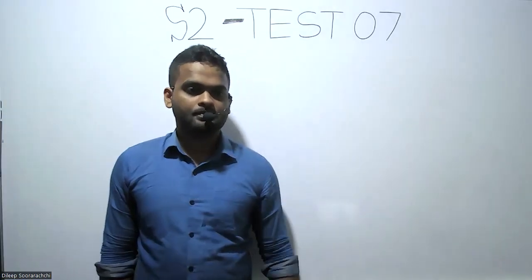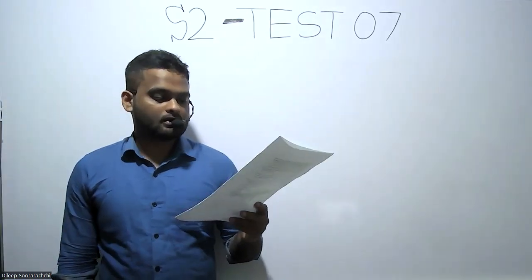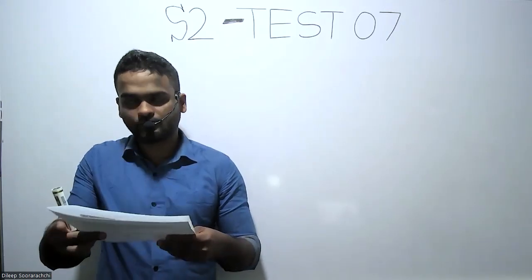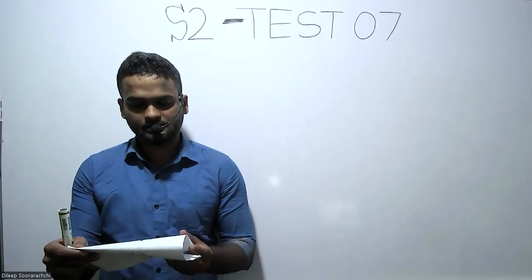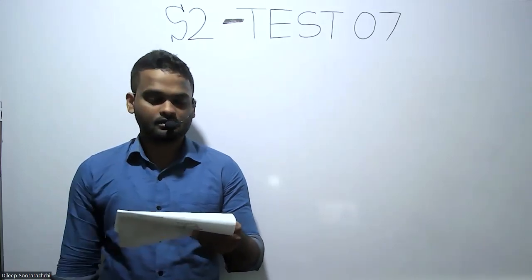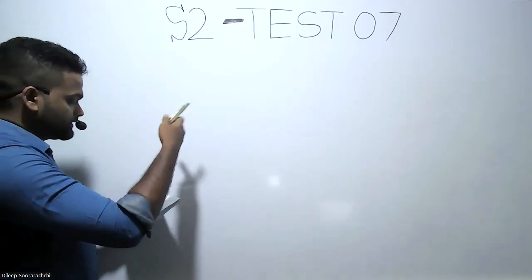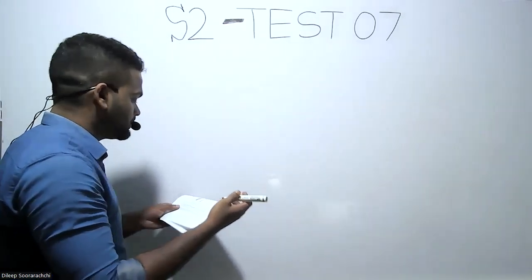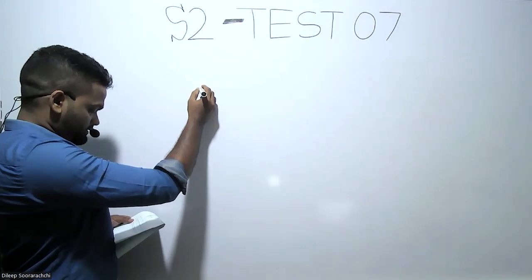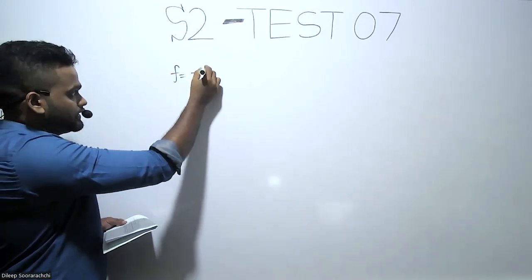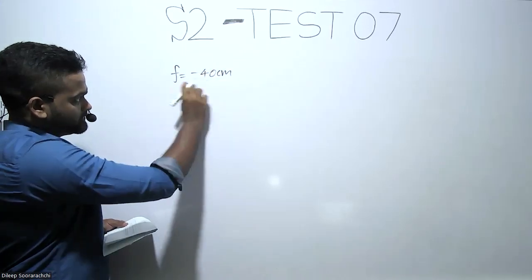9th question. Power of the system made by compounding a convex lens with focal length 40 centimeters and a concave lens with 25 centimeters is. So we made a compound lens: a convex lens with focal length 40 centimeters, this is a convex.